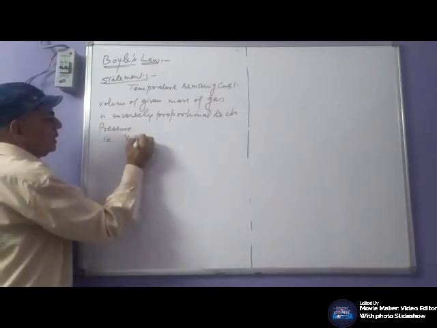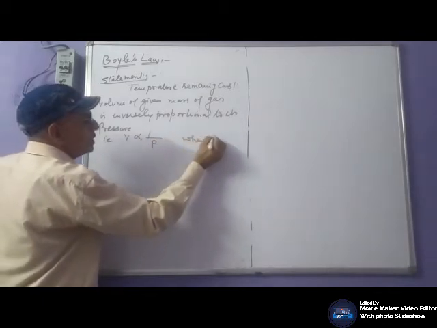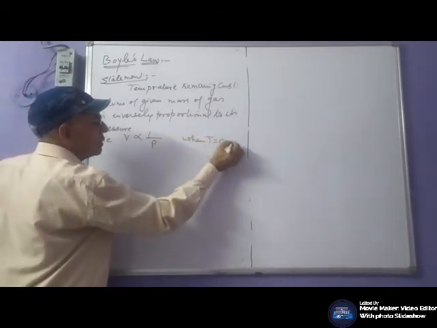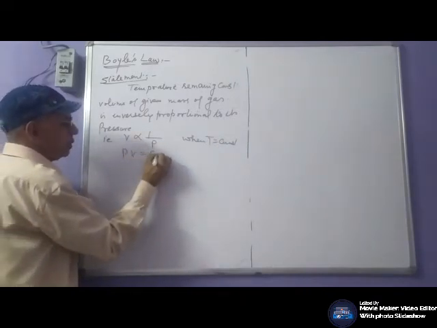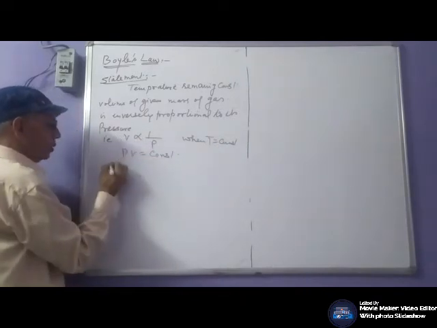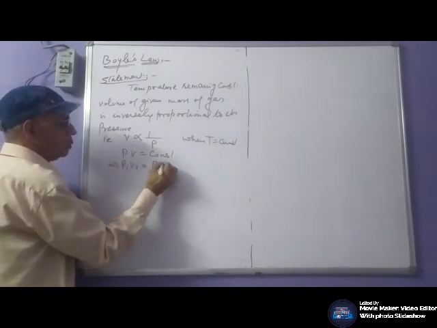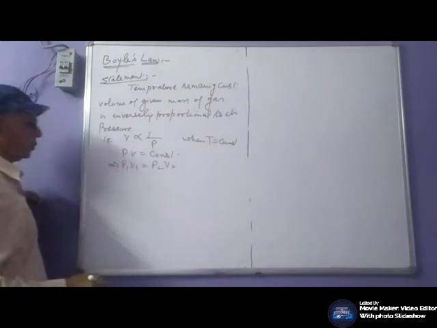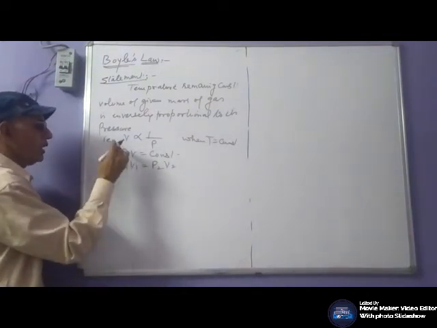That is V proportional to 1 by P, when T is constant, or PV is constant, or P1 V1 is P2 V2. This is the statement. This is the mathematical expression.